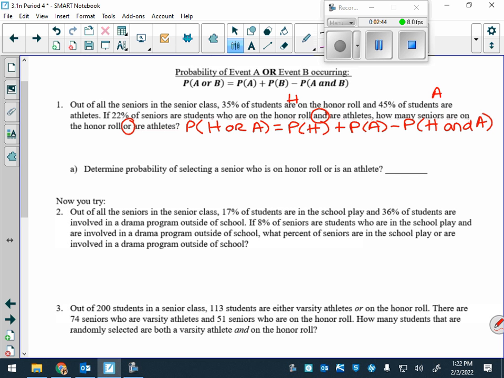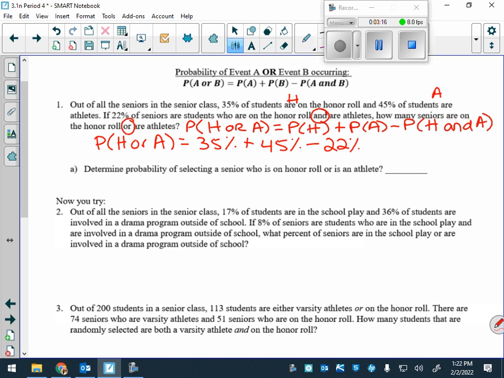All right, so we know everything besides the probability of honor roll or athletes. So we set up the equation. We don't know what this is, but we know honor roll is 35% plus athletes 45% minus the 22 that are both.